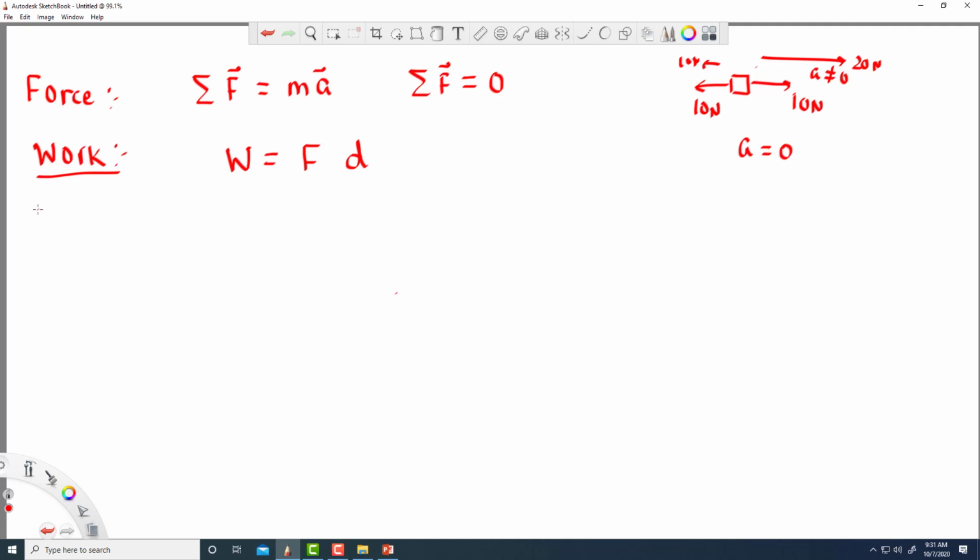And there is another thing called energy. We learned two types of energy in Physics 1. One is potential energy. Do you remember what potential energy is? Object at rest.